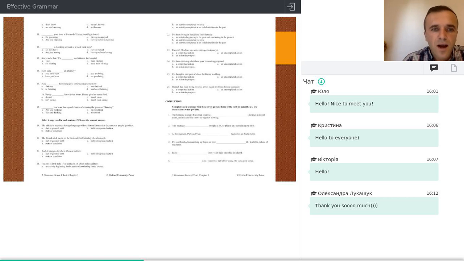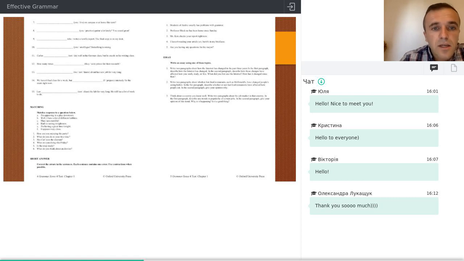The second one is to open the brackets, to put the correct form of the verb in parentheses, and the third task is to match a response to a question below.